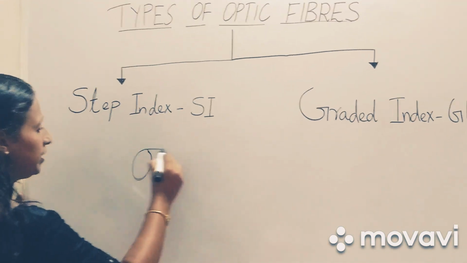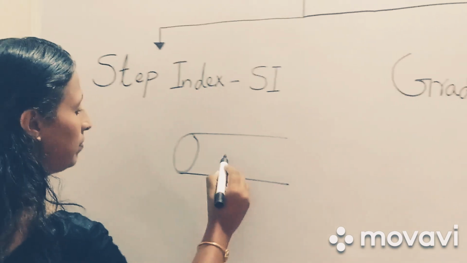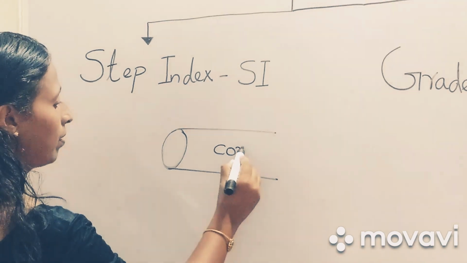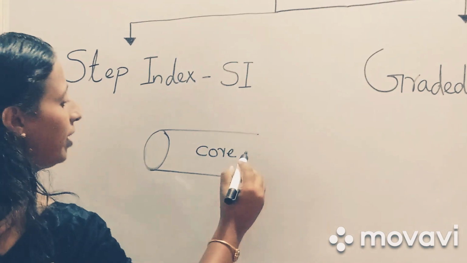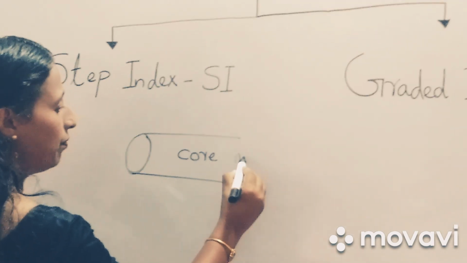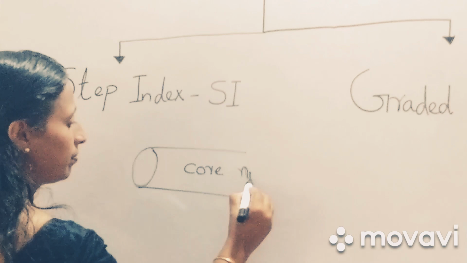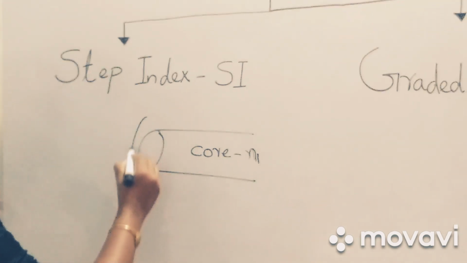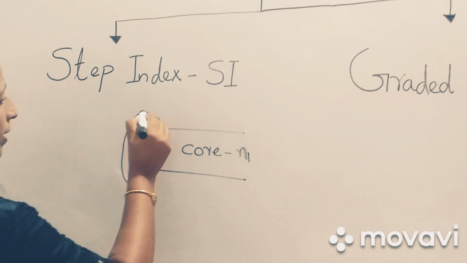The innermost region, core. The refractive index of the core is high. Let it be N1. It is surrounded by cladding.